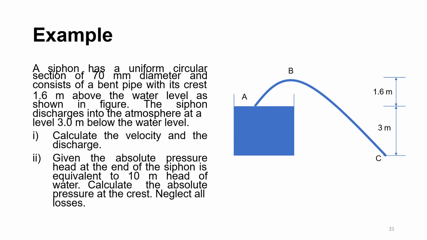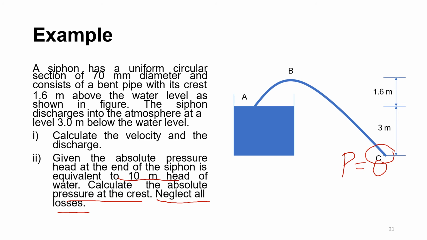So this means that C is discharged to atmosphere. What is meant by discharge to atmosphere is P equals 0. And the level of the siphon that discharges into the atmosphere is 3 meter. So we need to calculate the velocity at the discharge, V, and given the absolute pressure head at the end of the siphon is 10 meter head, calculate the absolute pressure at the crest. Also mentioned here, we neglect all the losses.